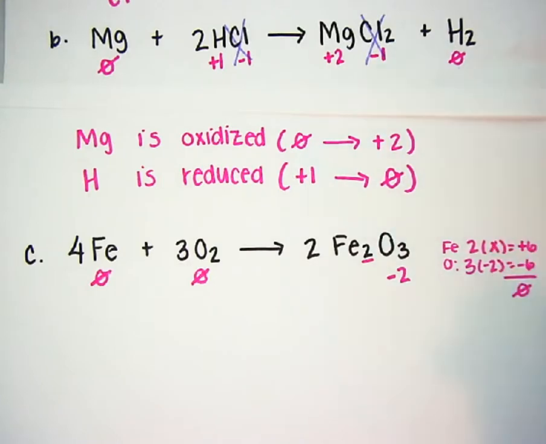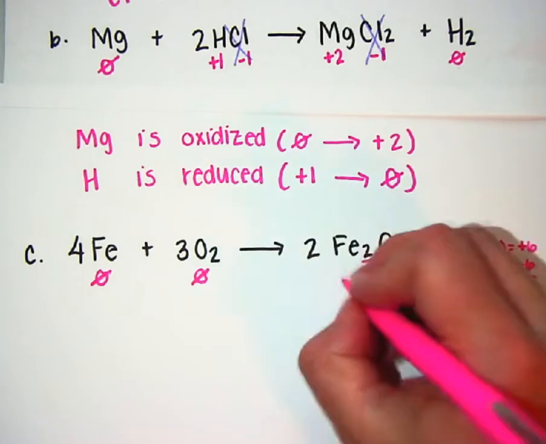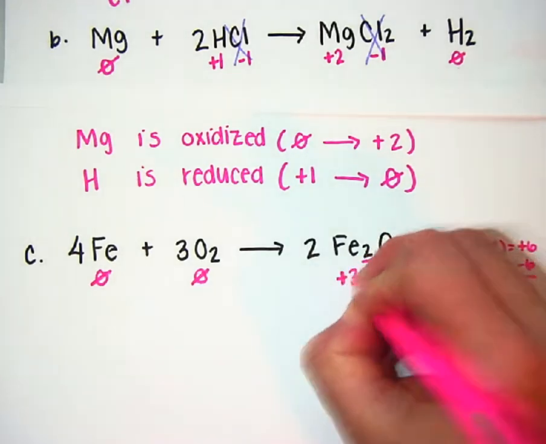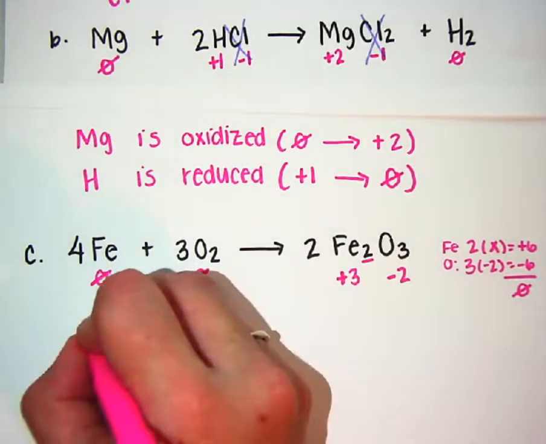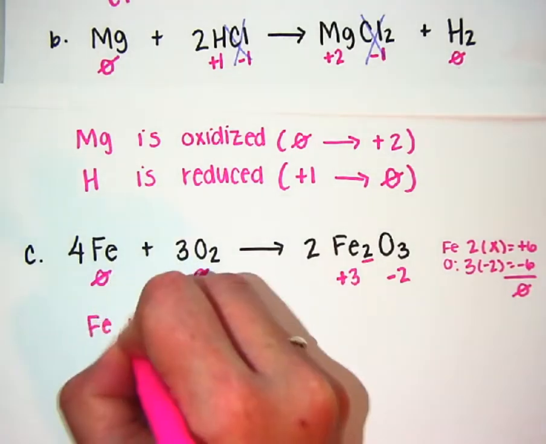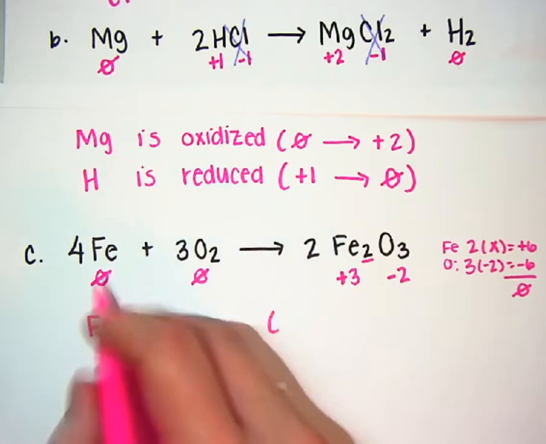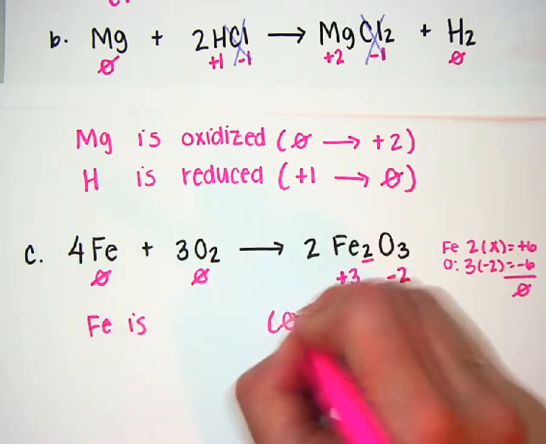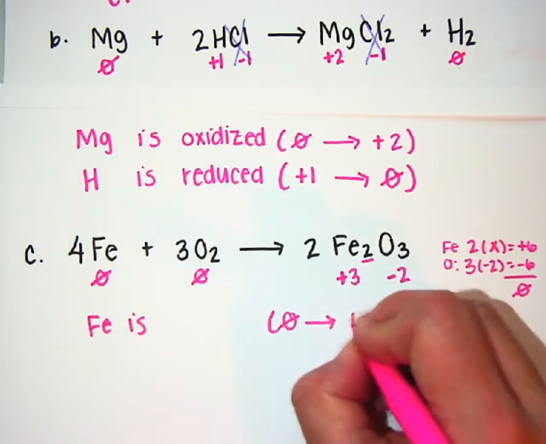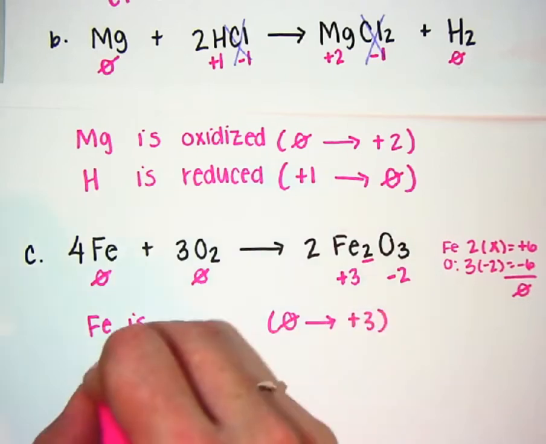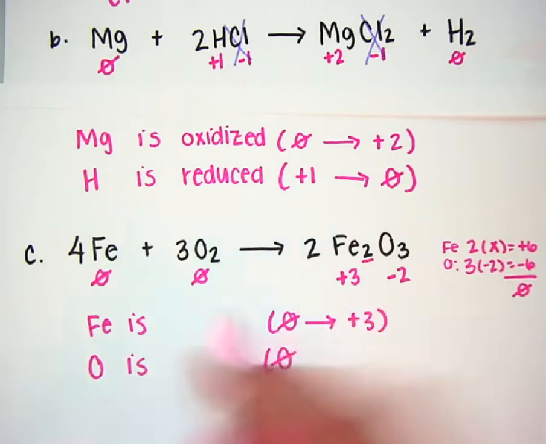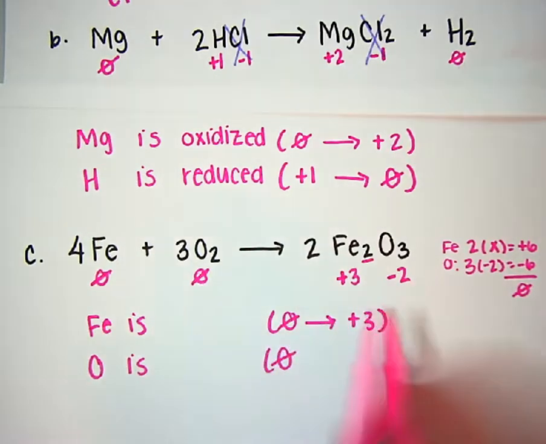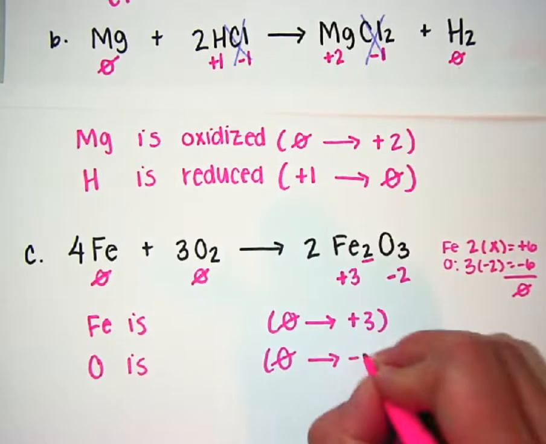So if I have 2 irons and the sum of my oxidation numbers has to be +6, that means iron must be +3. So iron goes from a 0 to a +3. Oxygen goes from 0 to a -2.